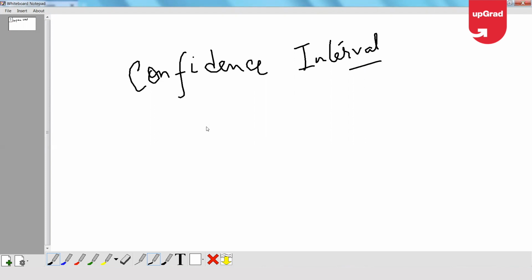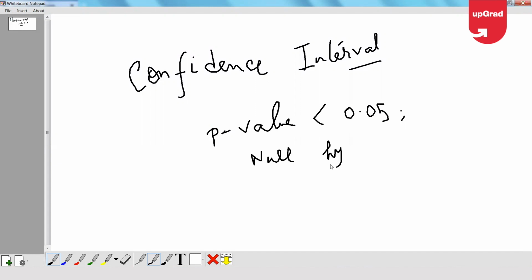So let's write down: p-value less than 0.05 means null hypothesis is not true. Right?